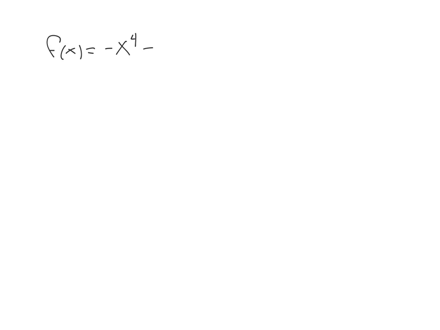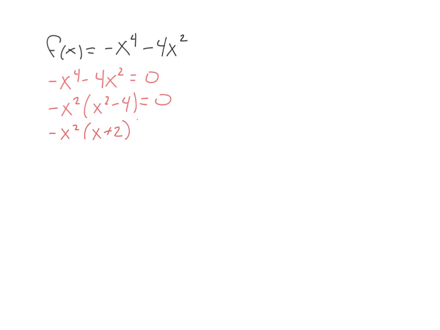Let's say we're given a function that looks like this. First, what we can do is solve for the roots. So we set this equal to 0, factor, so here we're going to get a positive or negative 2.